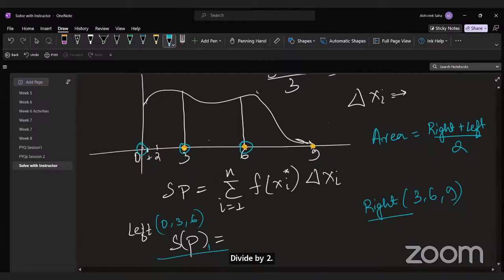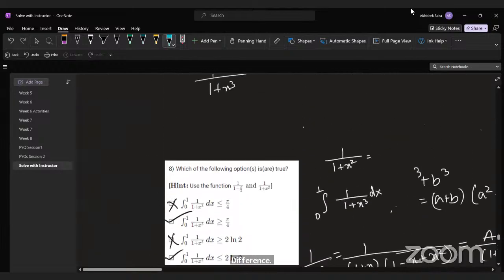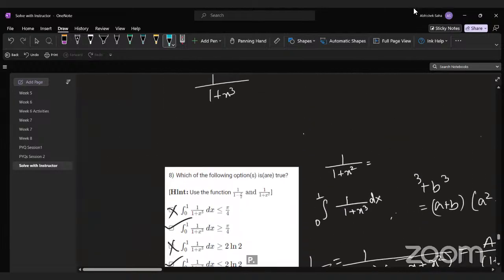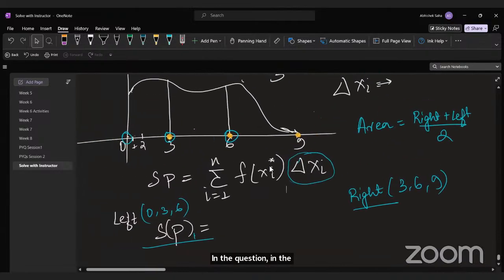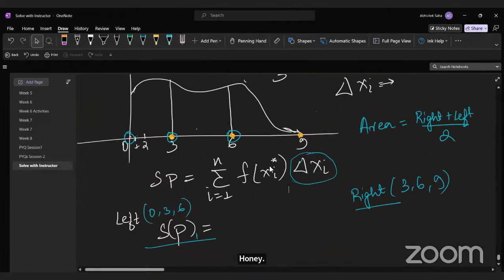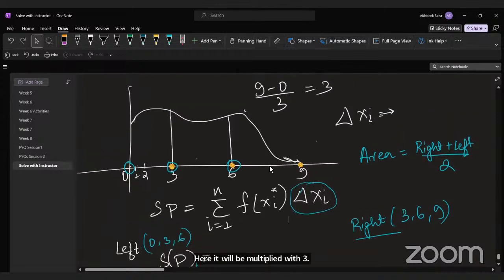Here it will be multiplied by 3 because the value of delta xi is 3.